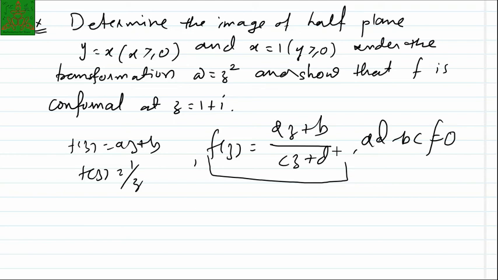With the help of that, we have shown many examples. We have discussed isogonal mapping, where the angle is preserved only in magnitude, not in sense or direction. We have also discussed critical points, the points where the function is not conformal.